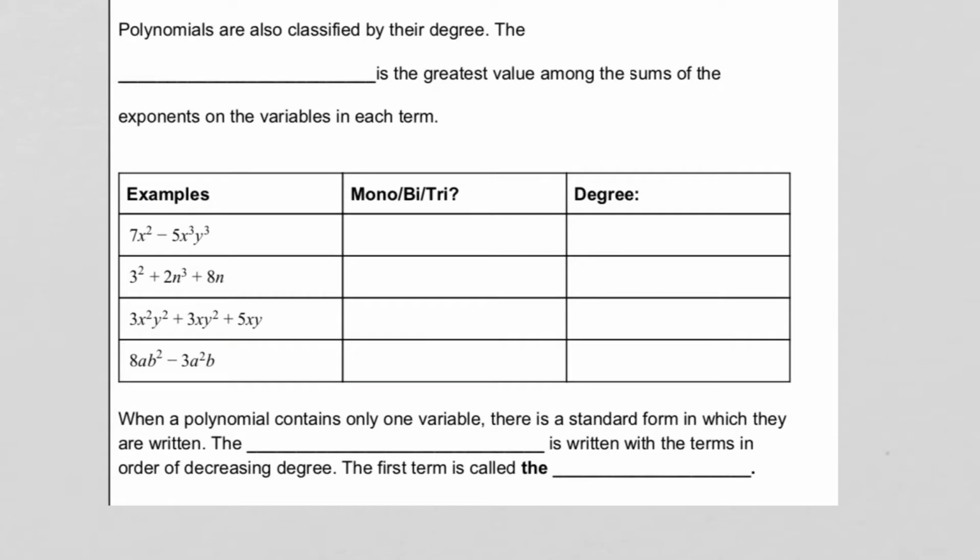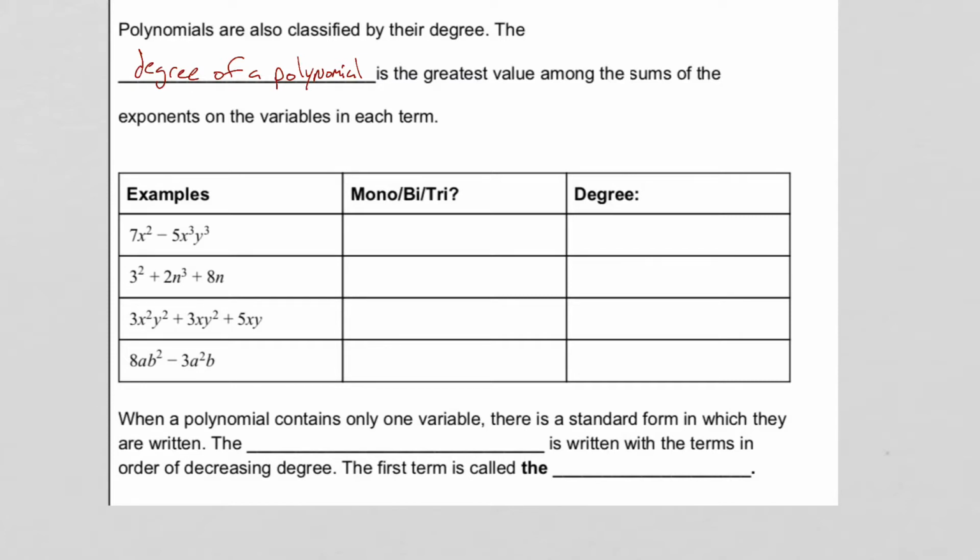Polynomials are also classified by their degree. The degree of a polynomial is the greatest value among the sums of the exponents on the variables in each term.